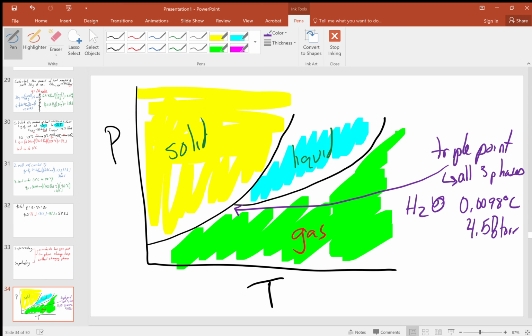The other interesting point is up here. These lines don't extend indefinitely. We end up here with what's known as the critical point. And above the critical point, compounds turn into what's known as a supercritical fluid.